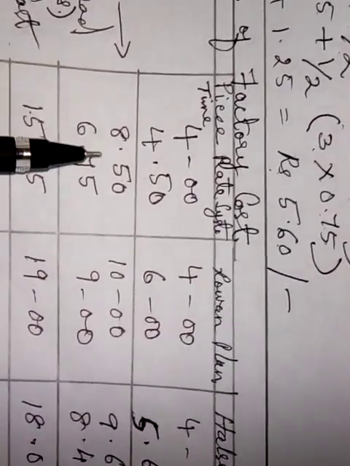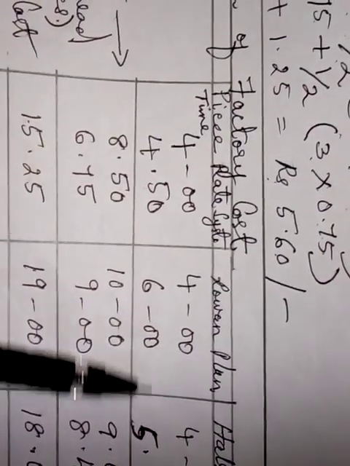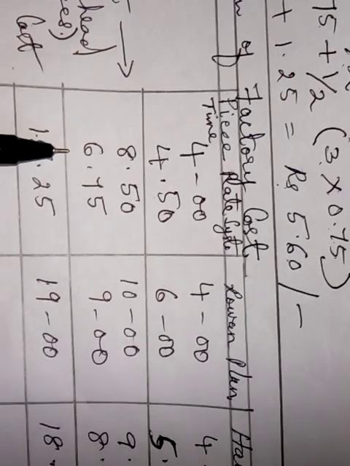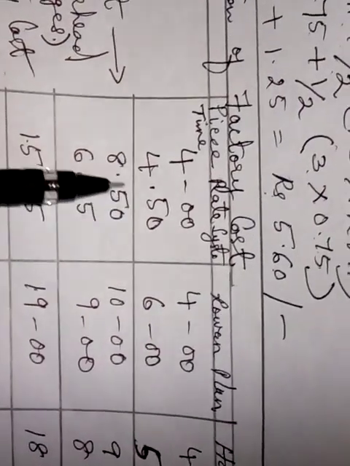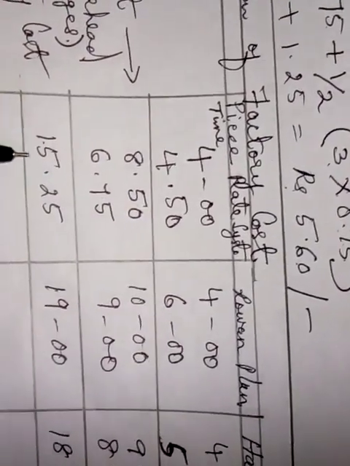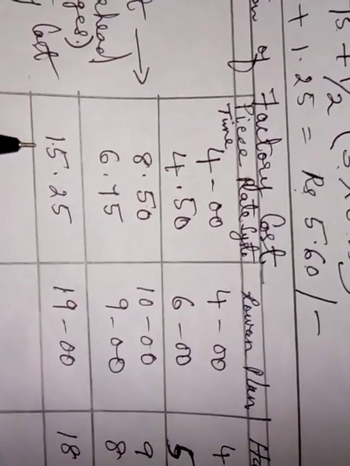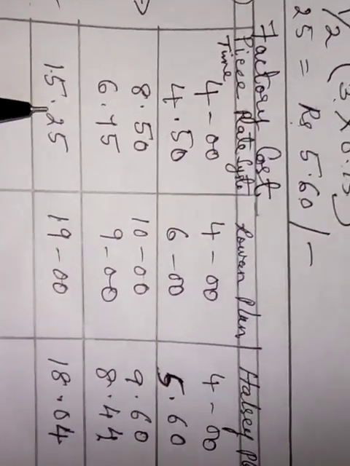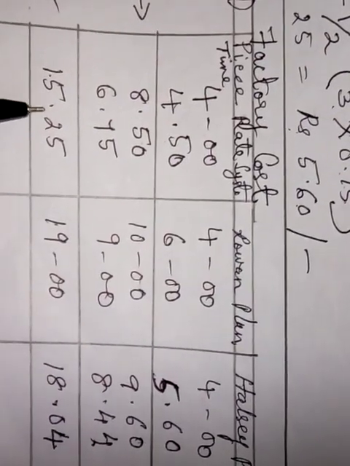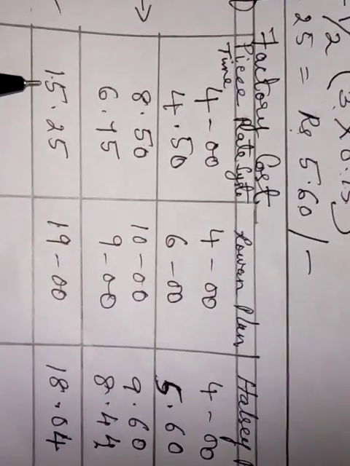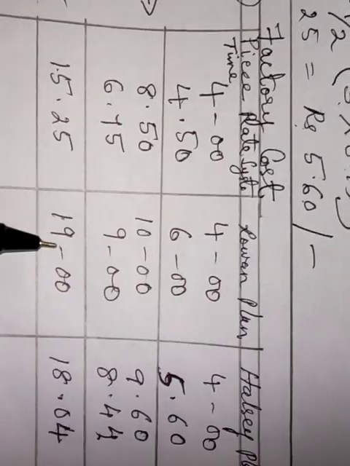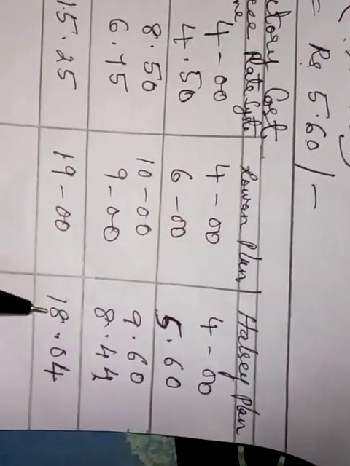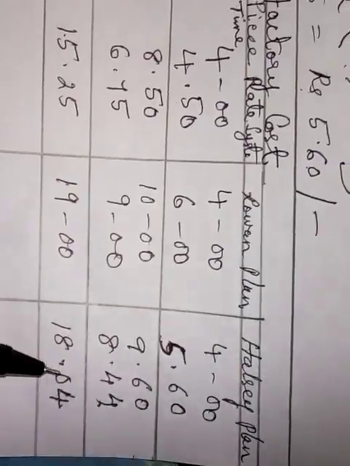150% of earnings under the various methods should be considered as factory overheads. It should be added to prime cost for ascertaining the total factory cost. The total factory cost under the time rate system is 15 rupees 25 paisa, under Rowan's plan it is 19 rupees, and under Halsey plan it is 18.04.